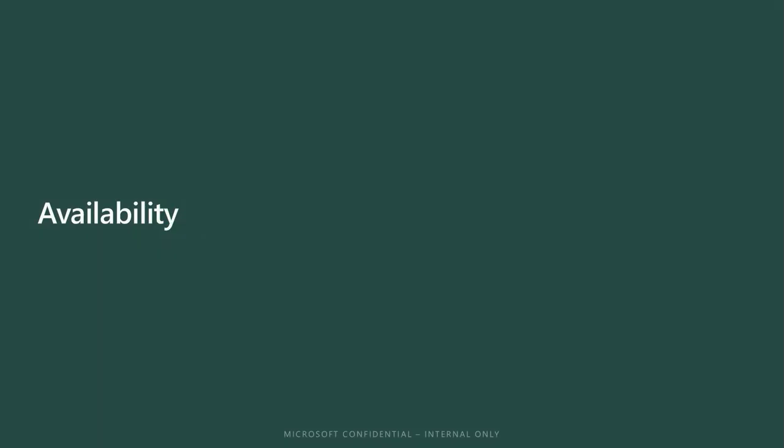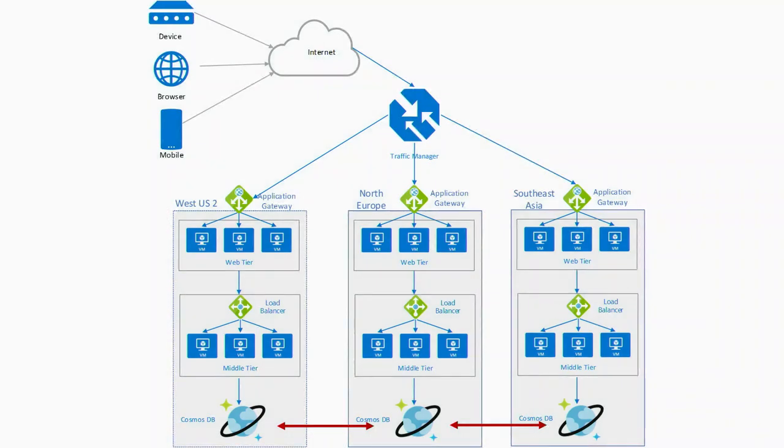All right, third concept, availability. Anybody that's designed applications for Azure, particularly ones that run in multiple regions, is familiar with something that looks like this, an architectural diagram. I've got clients out there on the internet, they could be devices, phones, browsers, connecting over the internet.